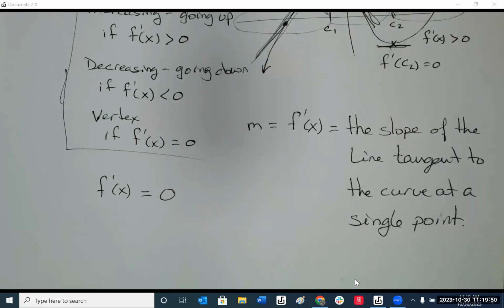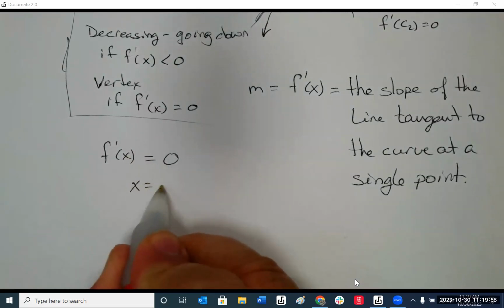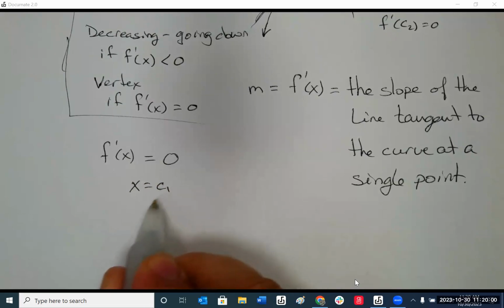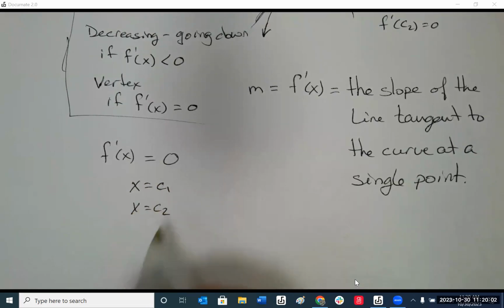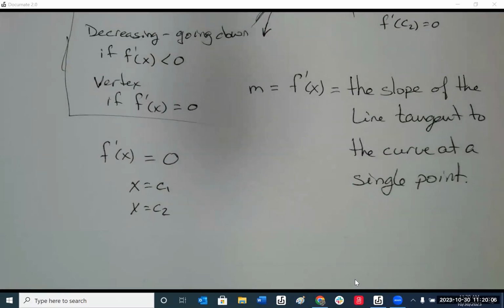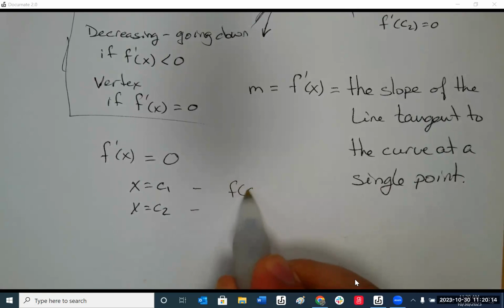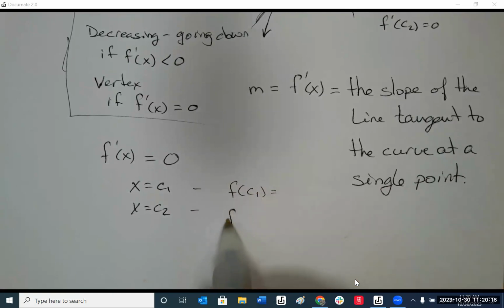You have to, without having the graph. Because once you set the equation equals 0, you found C1 and C2. Those are the x values in which the first derivative equals 0. Take these values, plug them back into the original equation.